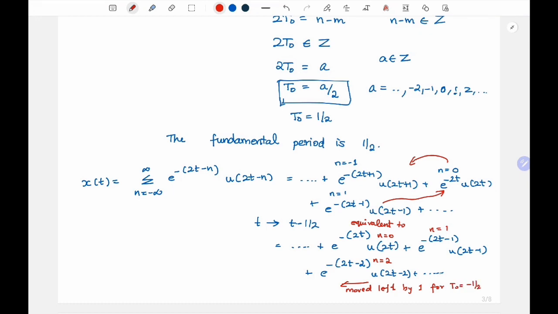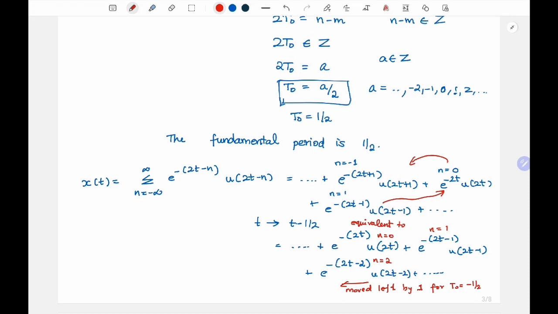If you take plus half, it will just move right by 1, correct? And if you take n by 2, let's say 3 by 2 and so on, according to this integer, then it will just move left or right by so many terms.